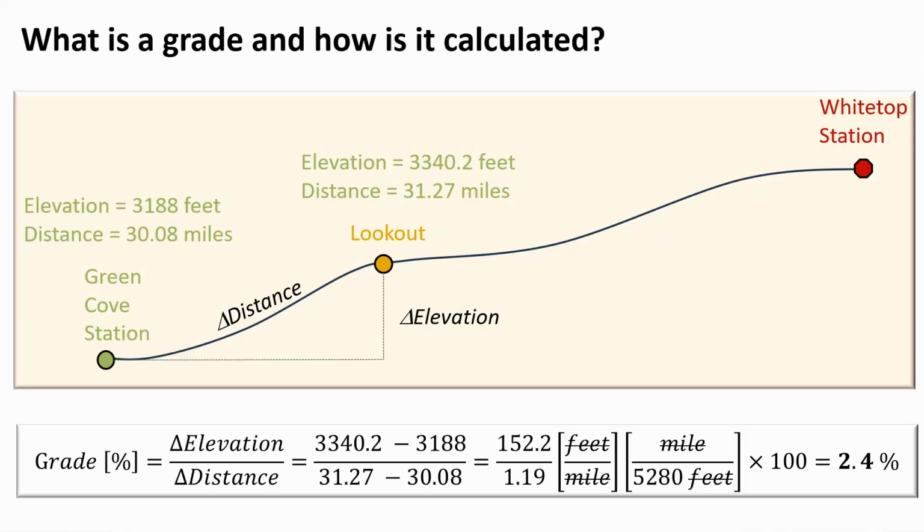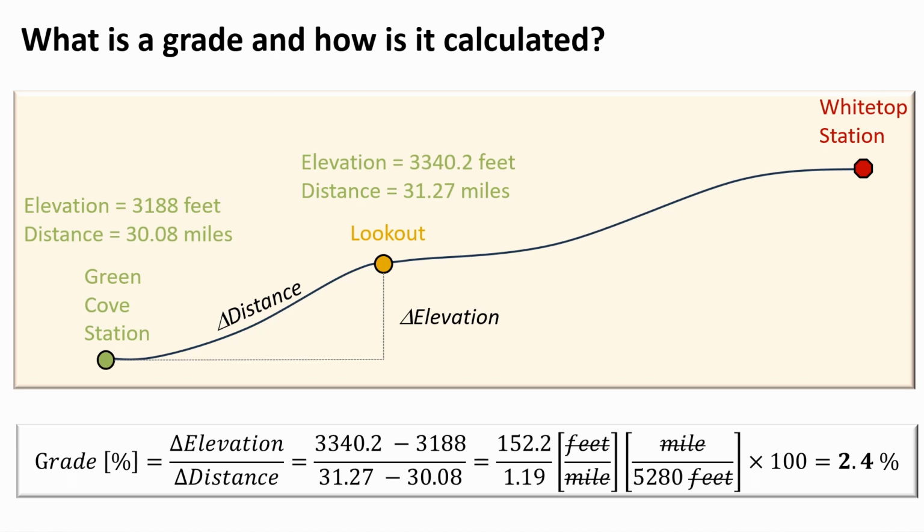If I think about this in terms of the elevation change in feet over the distance covered in miles, I'm really saying how much elevation do I have to work at fighting gravity versus how much distance do I travel. A grade is simply the change in elevation, or delta elevation, divided by the change in distance, or delta distance.